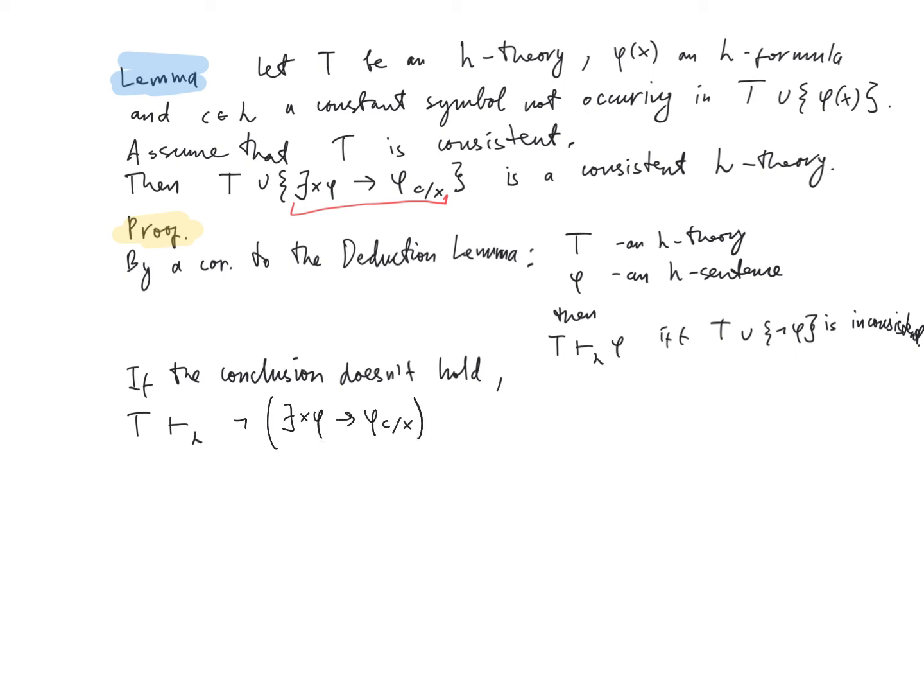Note that it is a sentence because the only free variable of phi is x and it is quantified or substituted by the constant here. So we have the negation, which can be rewritten by remembering that implication is an abbreviation. If we spell it out, we get that T proves exists x phi and not phi with c substituting x.